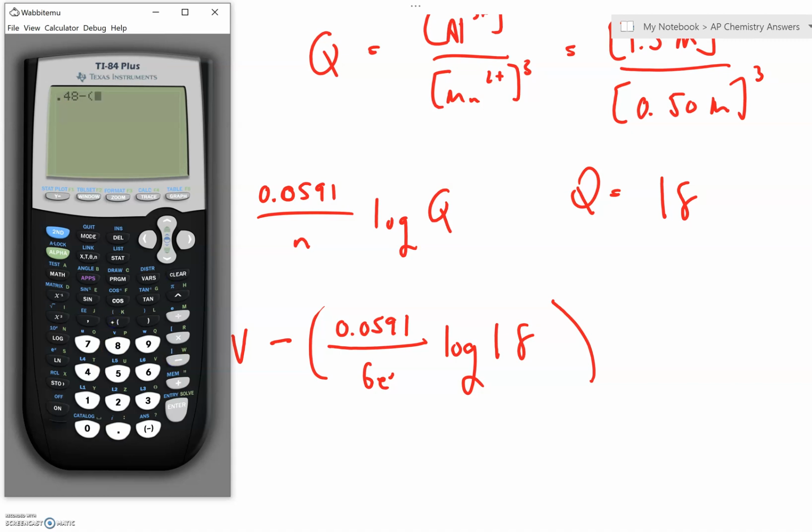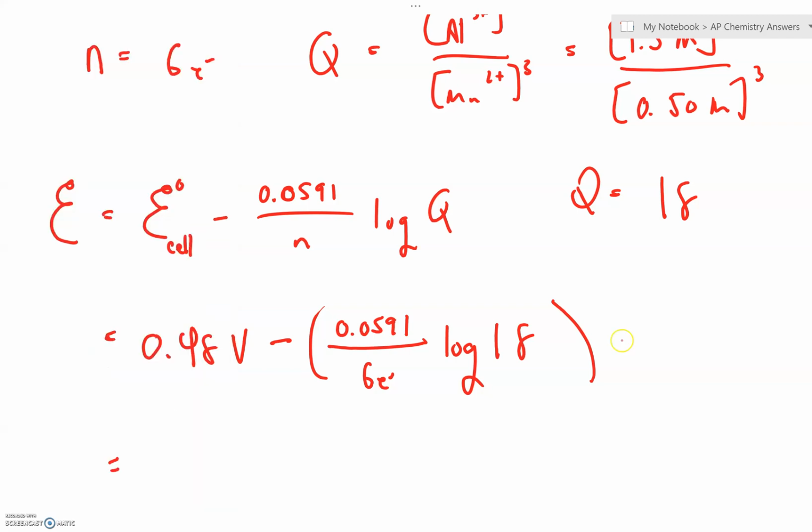And I'm going to do this a little weirdly. We'll say 0.0591 divided by 6 times the log of 18. See what we get. 0.467. We could round that up to 0.47 volts. So our new voltage is slightly less when we change these concentrations.